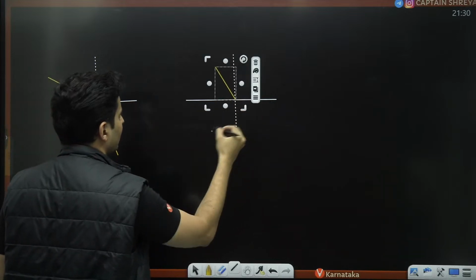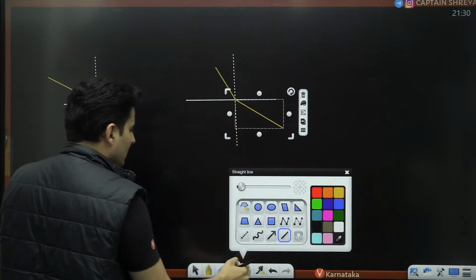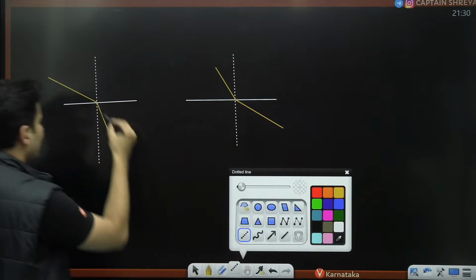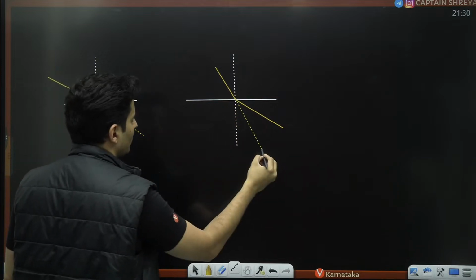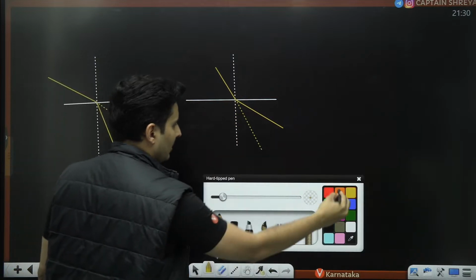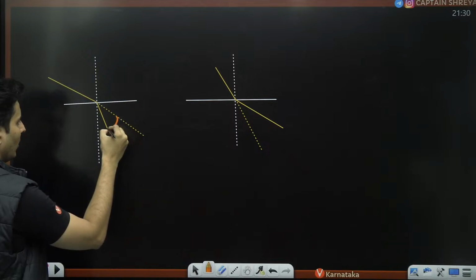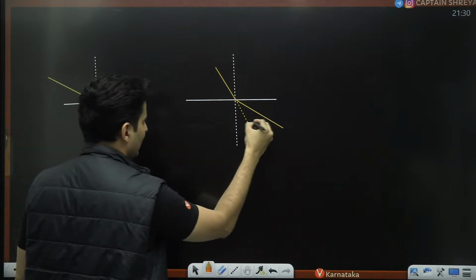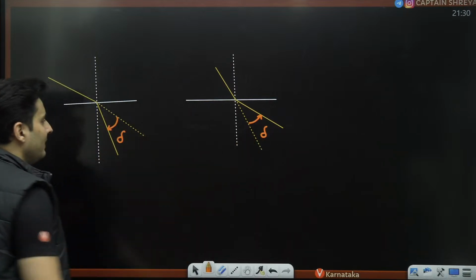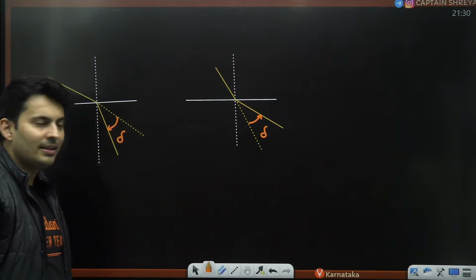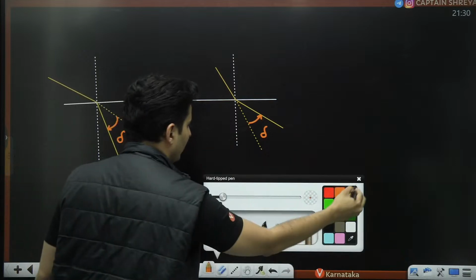Deviation means the light was actually supposed to go straight here, but because of the medium change, it got bent. So this is your deviation angle. How do you find it? It is a straightforward approach.